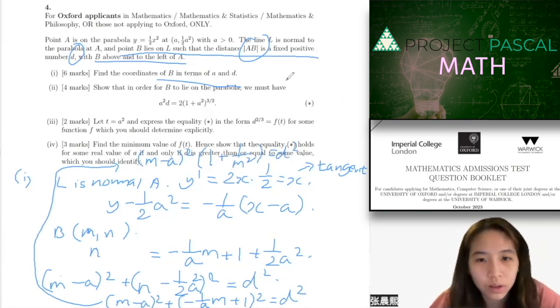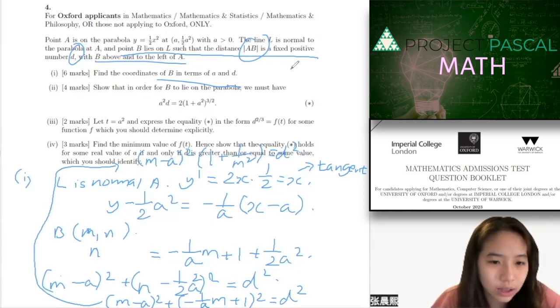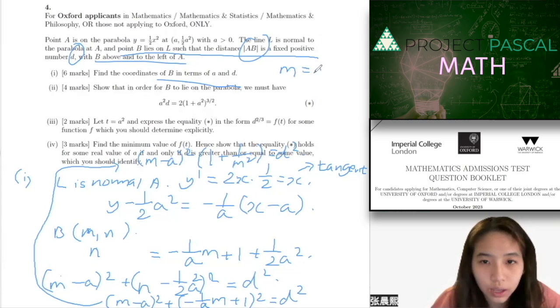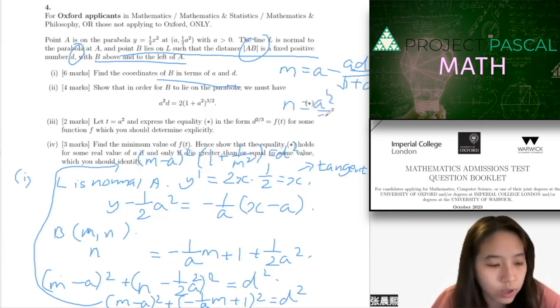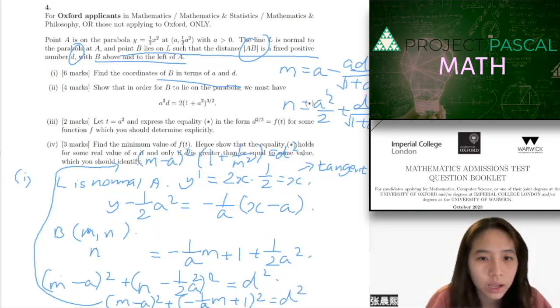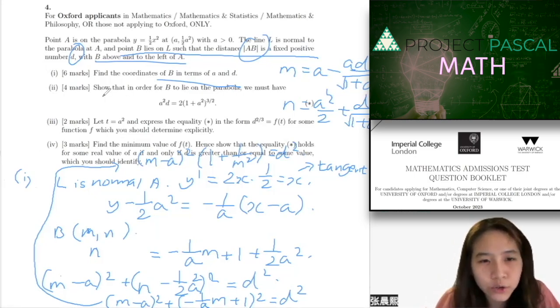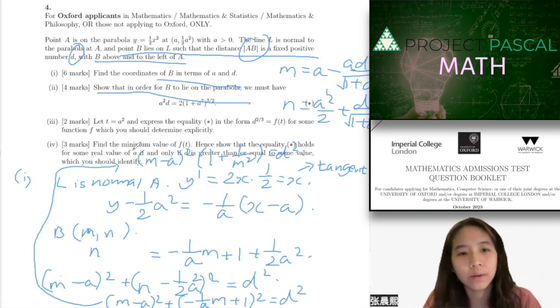So if you take everything, you get m equals to a minus ad over square root of 1 plus a squared, and n equals to a squared divided by 2 plus d over square root of 1 plus a squared.